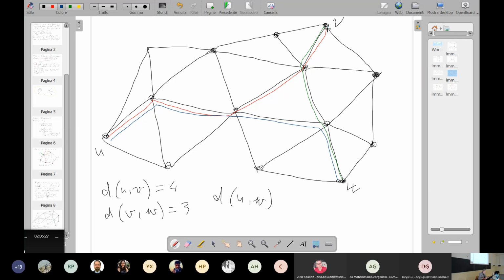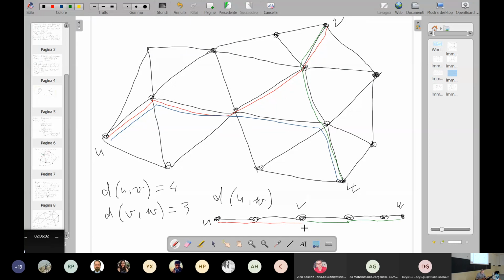It's not difficult. Let me show you a very simple situation like this. I have U here and V here and W here. You get just a possible path from U to V, and a possible path from V to W. If you compose the red path with the green path, it is actually a path itself.